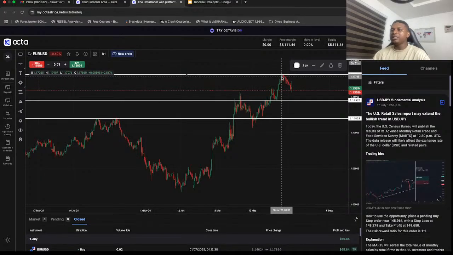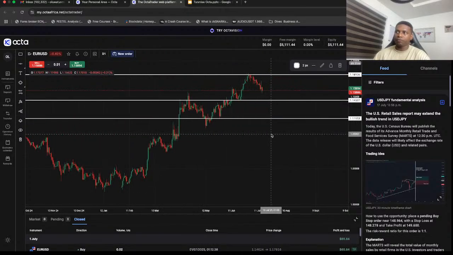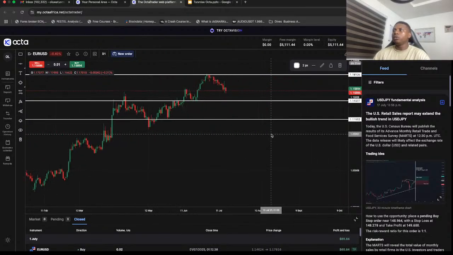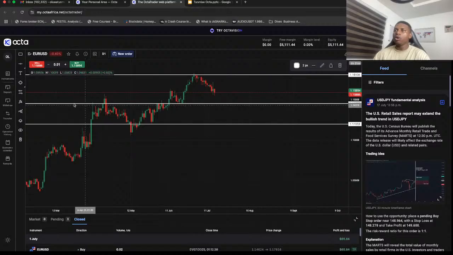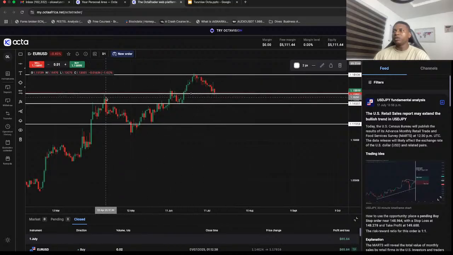So it makes this level a significant level for us to watch. Now when we look inwards, we can also see minor levels of support and resistance. We can see how price came up here and was rejected. You can see how price also rallied up here and was rejected.